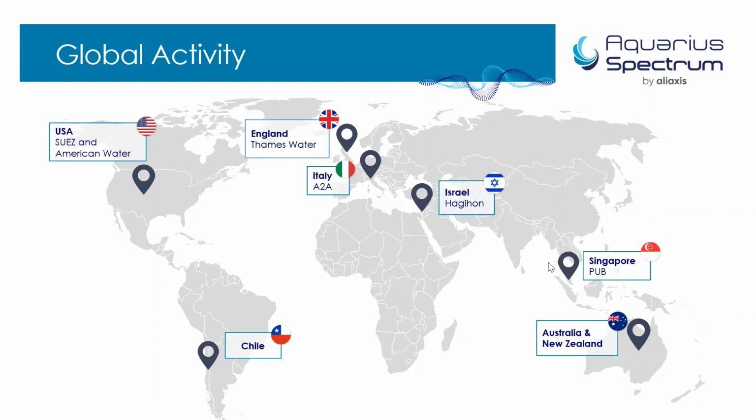Maybe a few words about our activity in Singapore. A very large project involving hydrophones, monitoring all the transmission pipes of the city island of Singapore. It's an interesting project because the requirement for PUB, the utility of Singapore, was to have hydrophones able to detect leaks with precision or accuracy of 3 meters, while having 750-meter distance between the hydrophones.